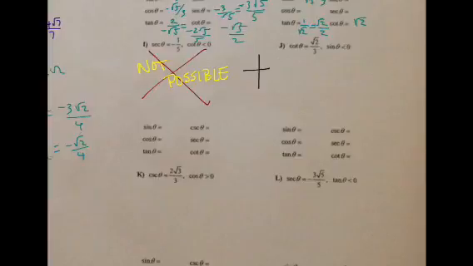So cotangent being radical 2 over 3, cotangent is positive in quadrants 1 and 3. Sine is negative in quadrants 3 and 4. So then the angle's in quadrant 3. Cotangent is x over y, so negative radical 2 over negative 3. Now I'm putting negatives in front of the numbers because in quadrant 3 both x and y are negative.